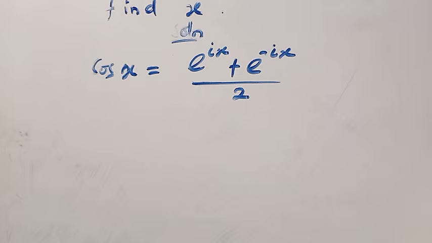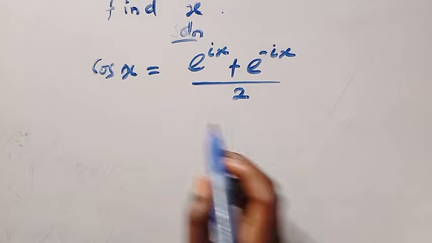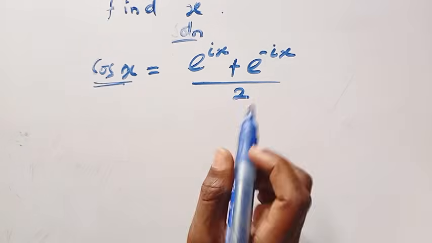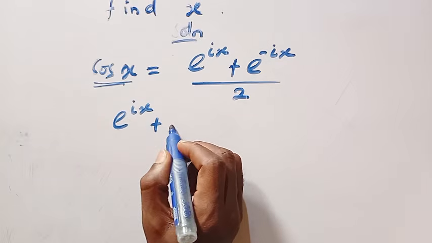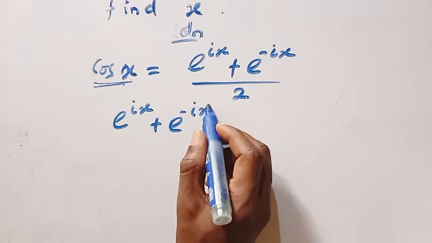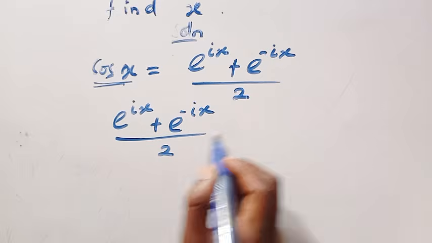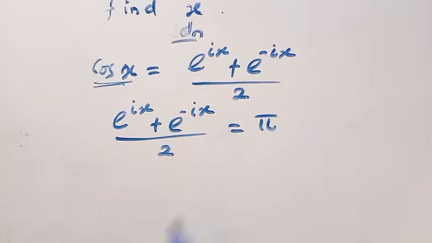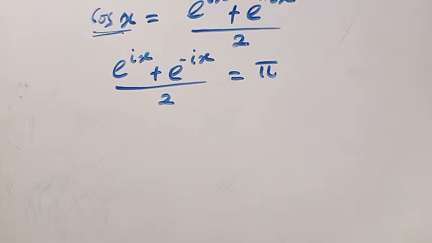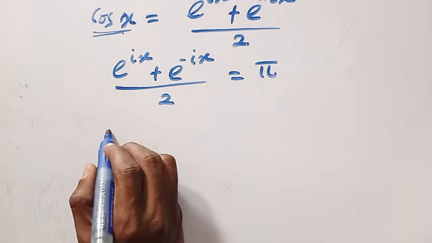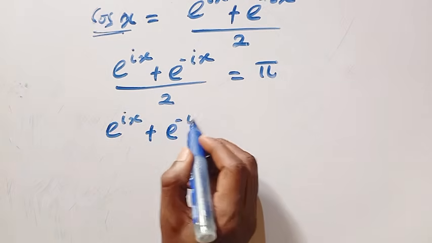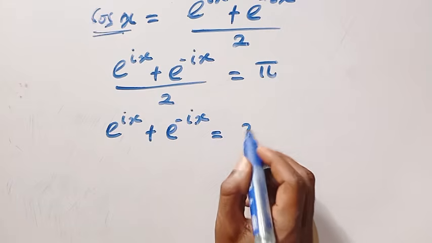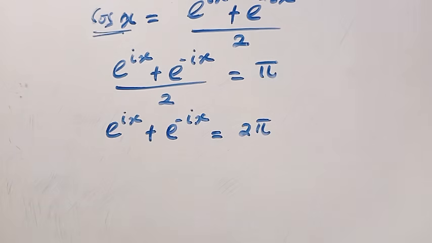If I replace cos x with pi, we have e to the power of ix plus e to the power of minus ix over 2 equals pi. By cross multiplying, we have e power ix plus e power minus ix equals 2 pi.